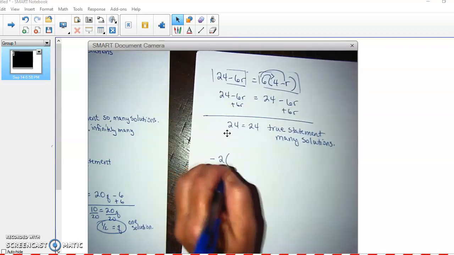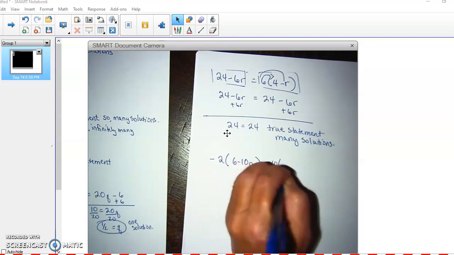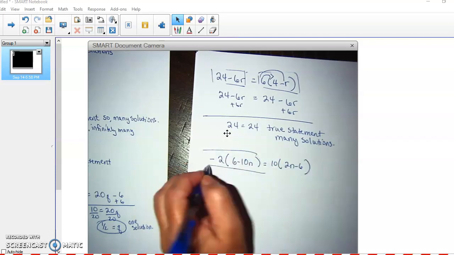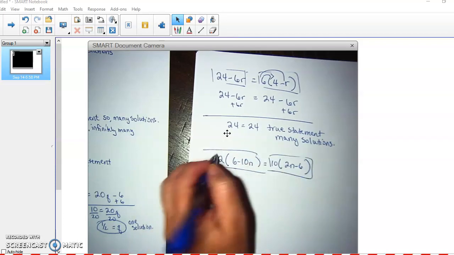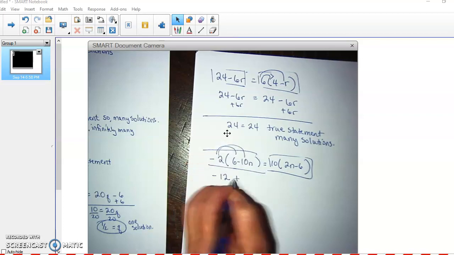Negative 2 parentheses 6 minus 10n equals 10 times parentheses 2n minus 6. So over this side we have distributive property, and we do there too. So that's going to give us negative 12. A negative times a negative is a positive.